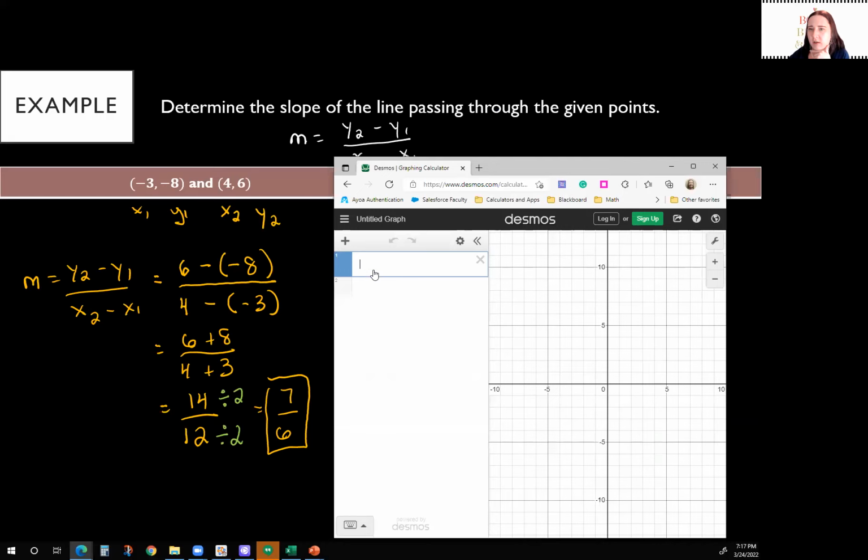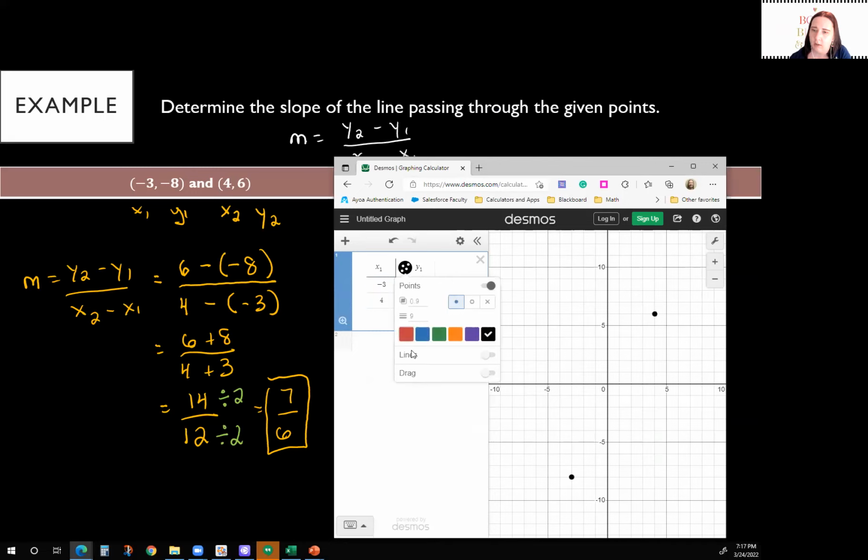Okay, so first thing, I'm going to type in -3, -8, and then 4 and 6. Actually, what I should do is not do it this way. I'm going to do it in a table. -3, -8, 4, 6. Okay.